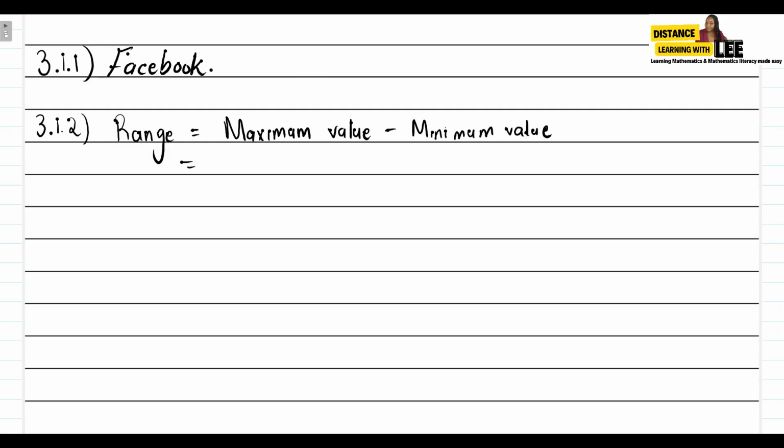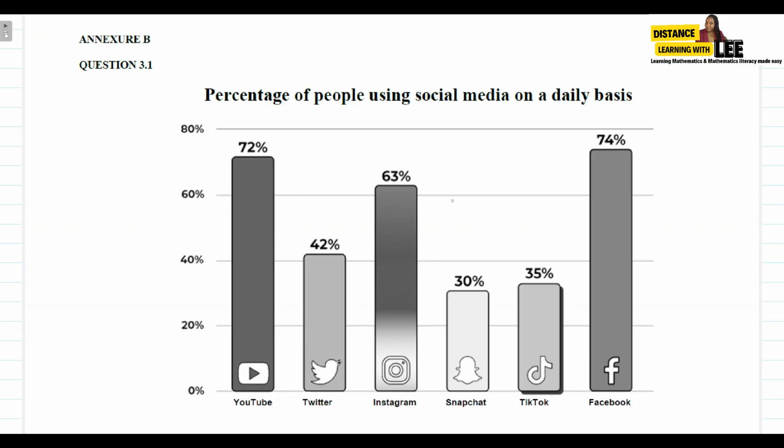In this case, we're going to look at the maximum percentage. What is the maximum percentage? The highest percentage is 74%, because most people use Facebook on a daily basis.